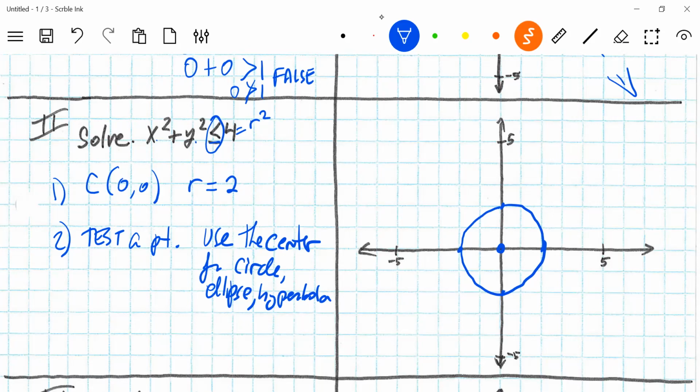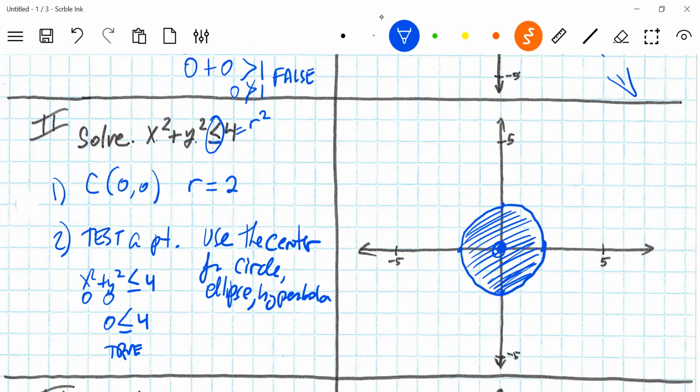So right now, x squared plus y squared is less than or equal to 4. I put a 0 here and a 0 here, a 0 less than or equal to 4. That is true. Therefore, we take this spot where it is 0, 0, and we shade there. The whole inside of it gets shaded instead of the outside.